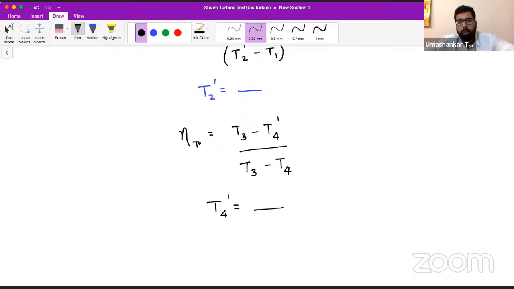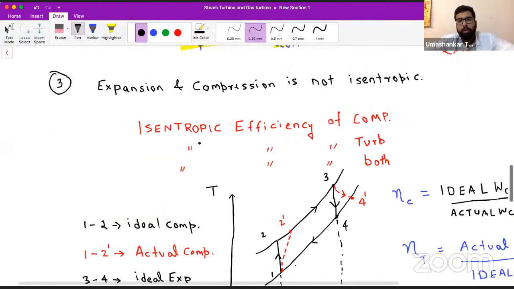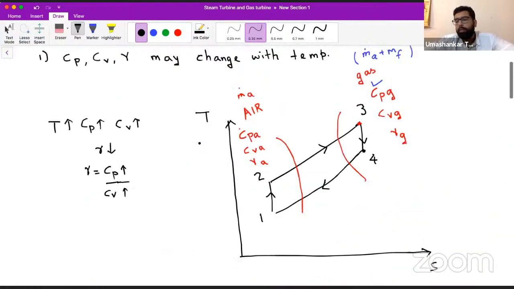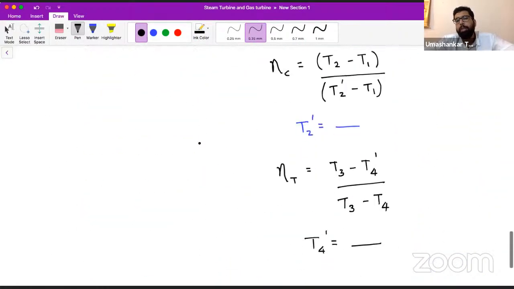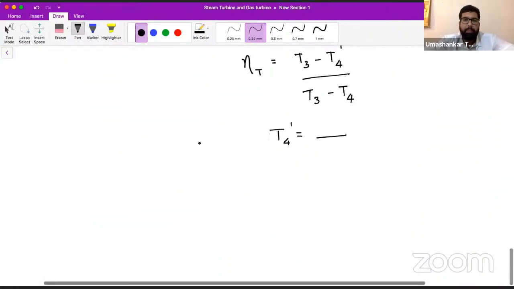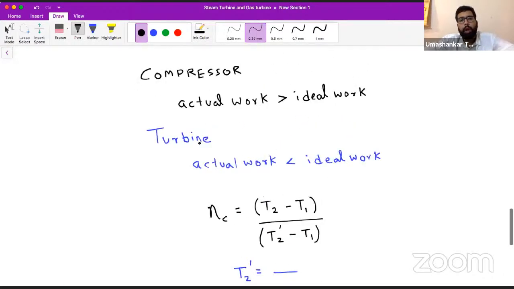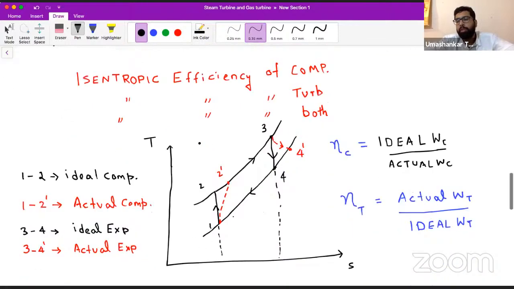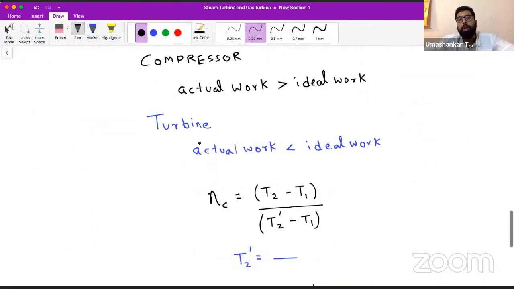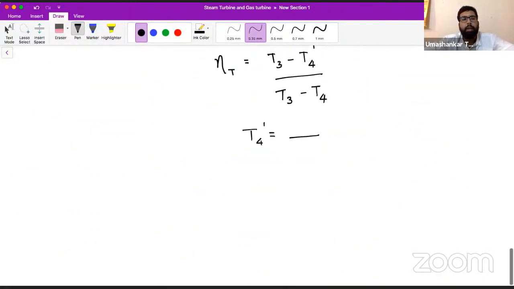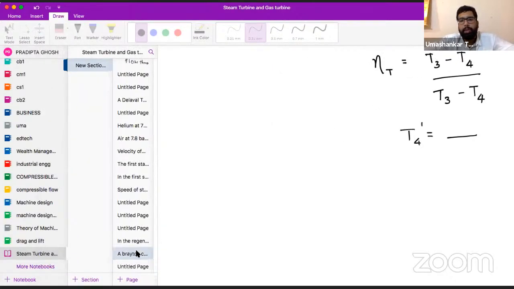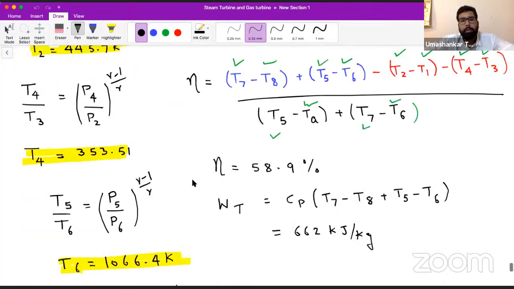So got this or not? Now these three actual components are clear to you. If Cp and gamma change with temperature, or the combustion chamber thing happens, or if the isentropic efficiency is given in the question, how to deal with all this? Is that clear or not? So we will now do some questions here.